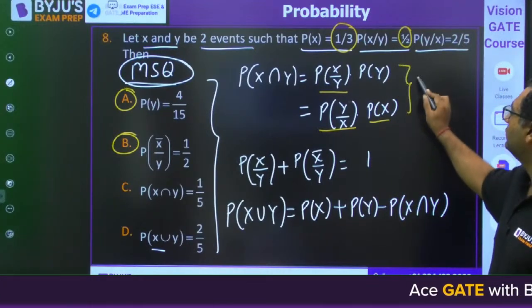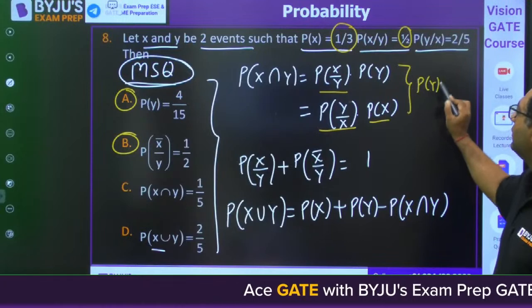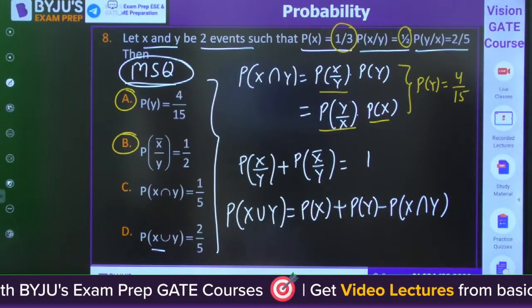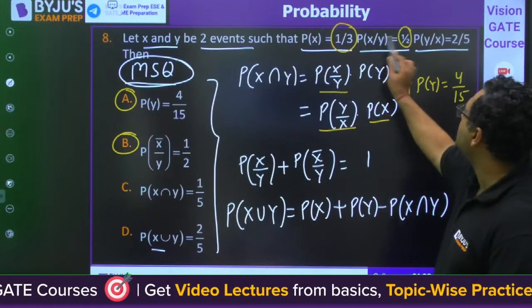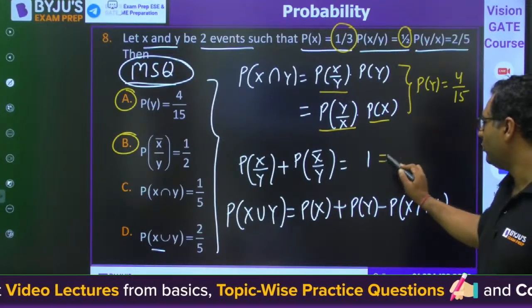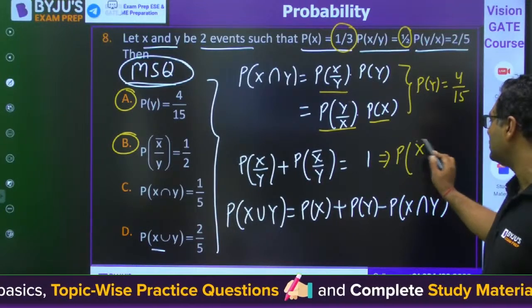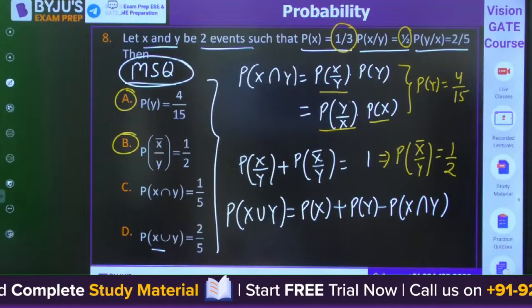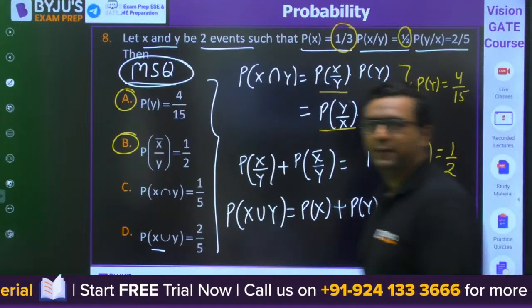This will give you probability of Y 4 by 15, which is correct. We know probability of X by Y is 1 by 2, so from this we can write probability of X naught by Y is 1 by 2. Yes, correct. What about the third and fourth, C and D?